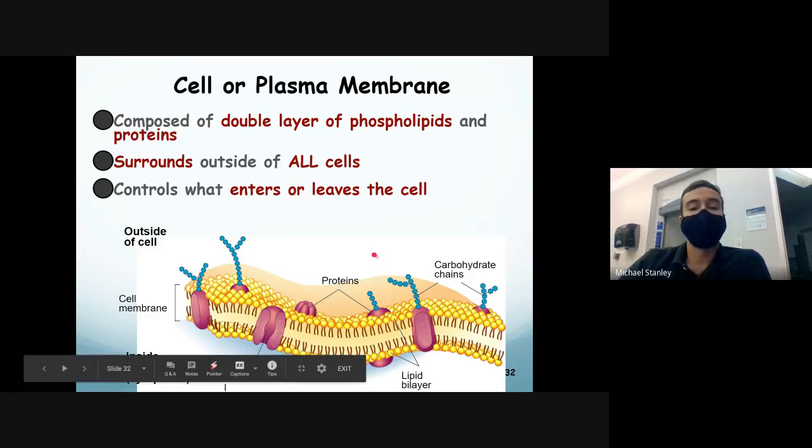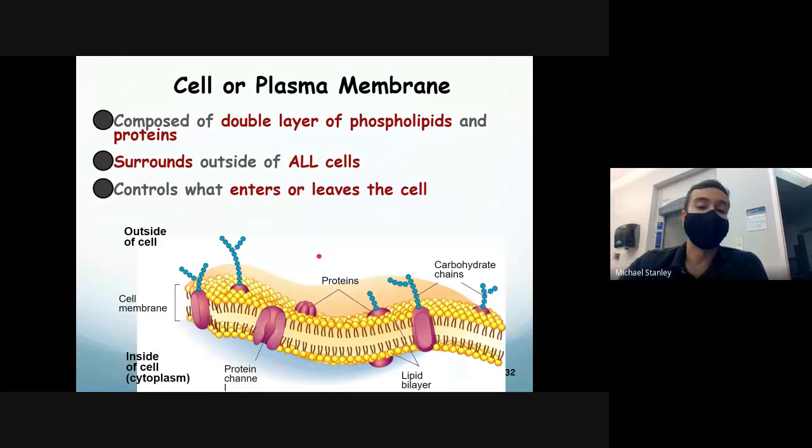So this membrane is the control of what goes in and what comes out. It's sort of like a border control for the cell. Only things that are supposed to can come in, and only things that are meant to go out can leave. Everything else is either kept on the outside or kept on the inside.